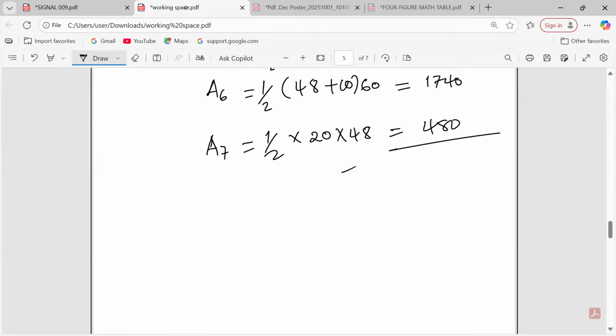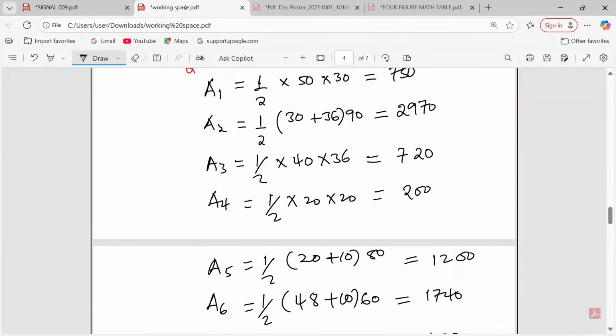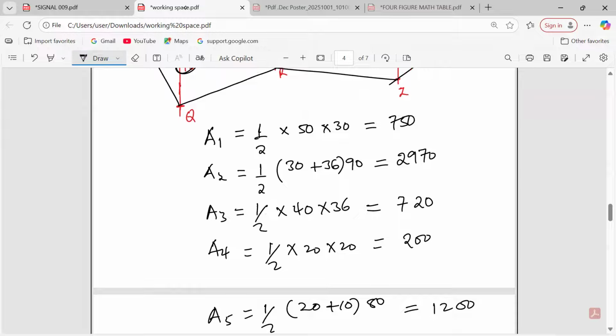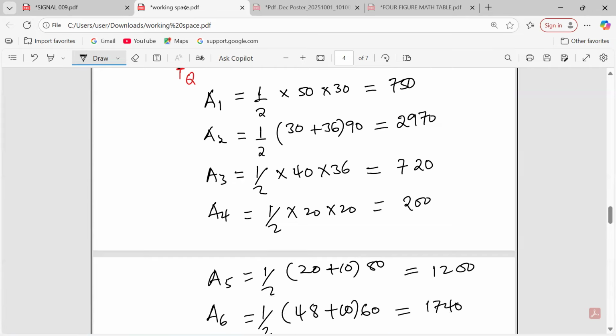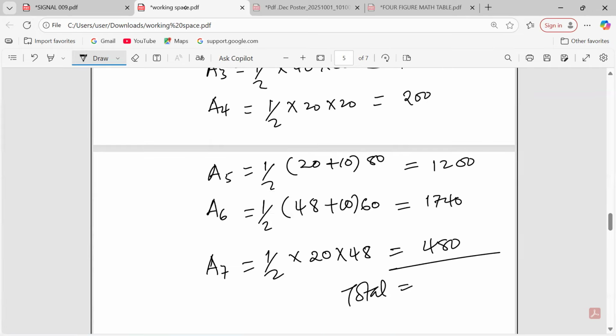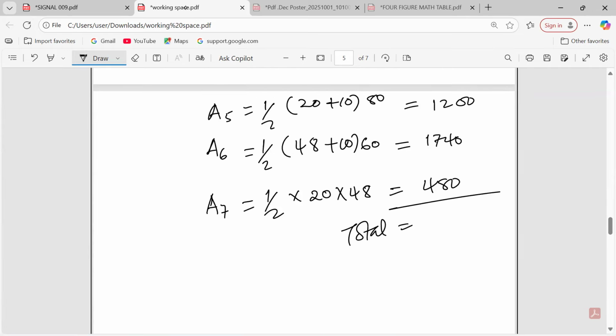So now we can get the total area, whereby we sum up: 750, 2970 plus 720 plus 200 plus 1200 plus 1740 plus 480.